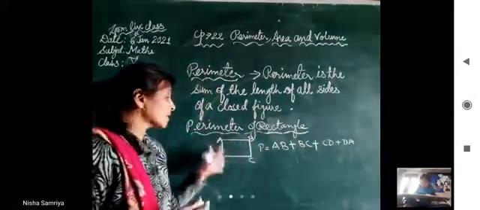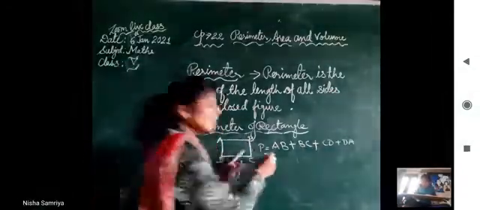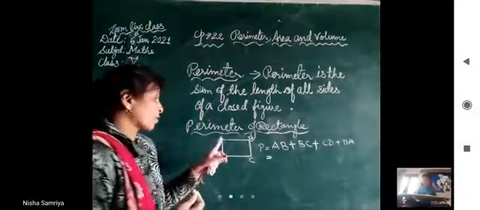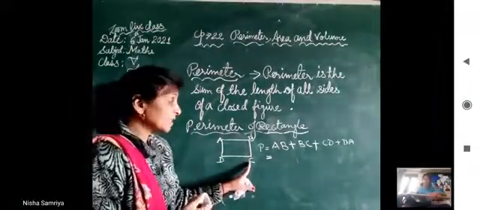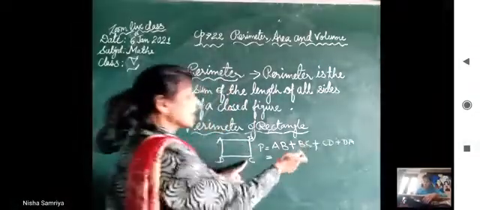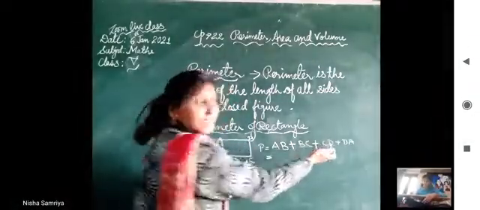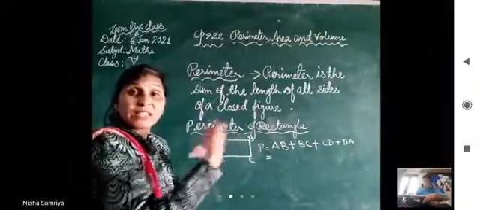Perimeter means the sum of all the 4 sides. Now we know that opposite sides are equal. तो AB के अपोजिट में कौन सी साइड आ रही है, DC, है ना. तो DC जहां पे लिखा है उसकी जगह हम क्या लिख सकते हैं, CD और DC बोथ आर द सेम. उसकी जगह हम AB लिख सकते हैं क्योंकि दोनों साइड्स इक्वल है.